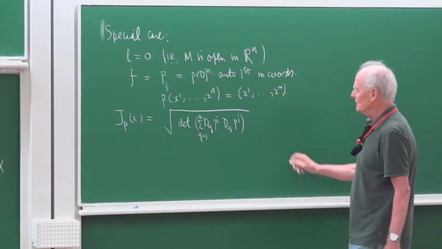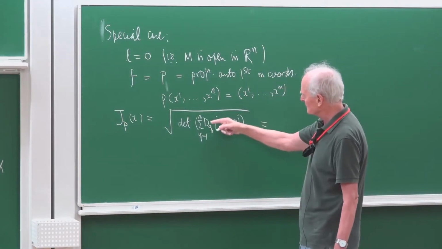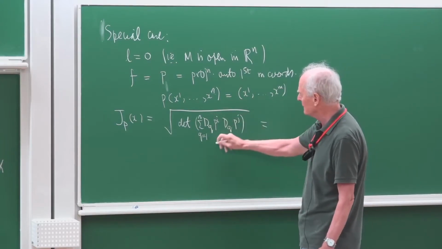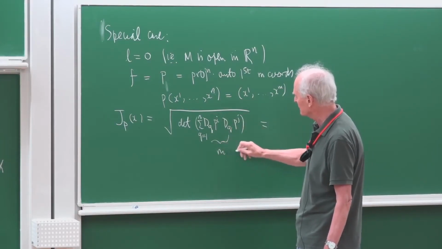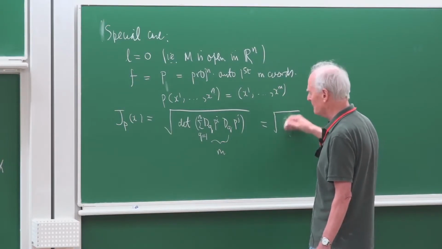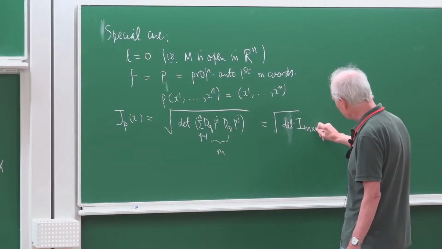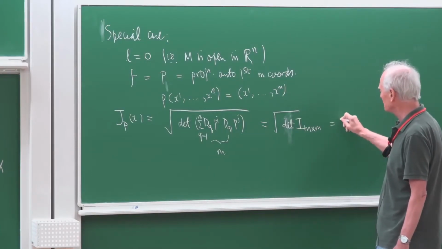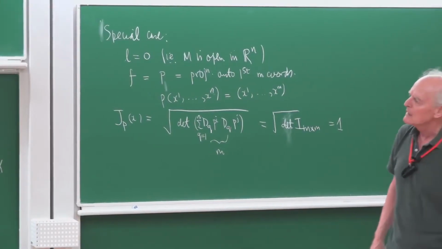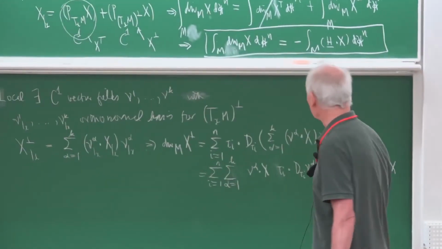And that's a trivial computation because we're just differentiating coordinates with respect to other coordinates. So in fact, you'll see that this is just the m by m identity matrix. It's just the square root of the determinant of the m by m identity matrix, which of course is 1. So in this case, J_P is equal to 1.